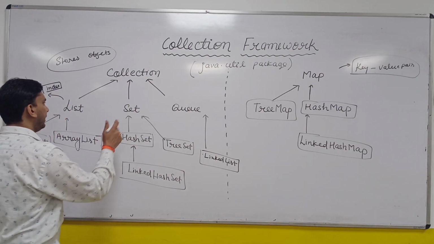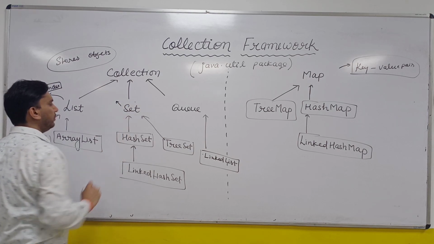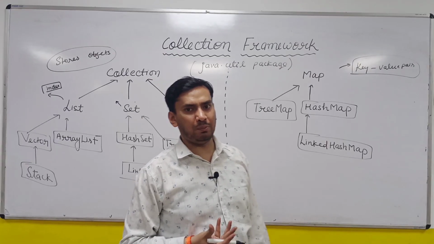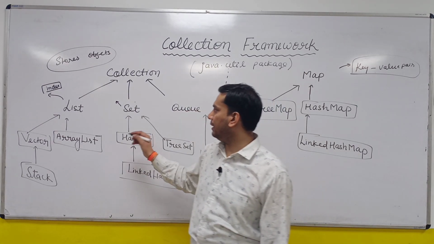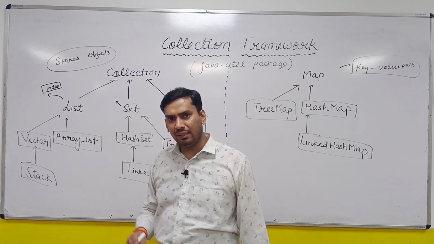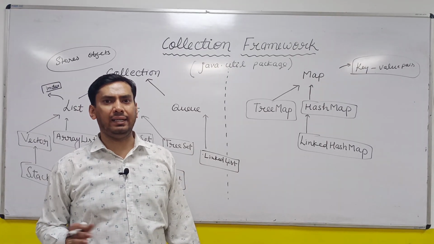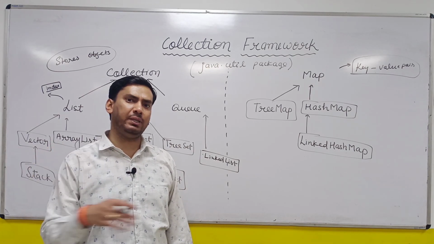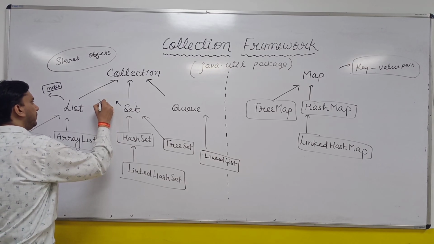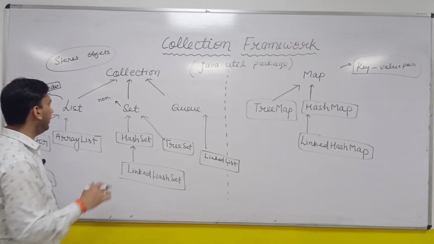Now coming to the set, what is the property of the set? Set also has some attributes which are to be understood. The set provides the property of non-duplicacy, right? Any set subclass will not allow you to add a duplicate element. It will automatically discard the duplicate elements. It is very useful to find solutions to many problems where duplicates are removed.